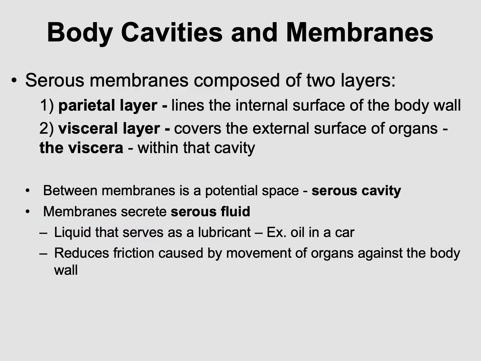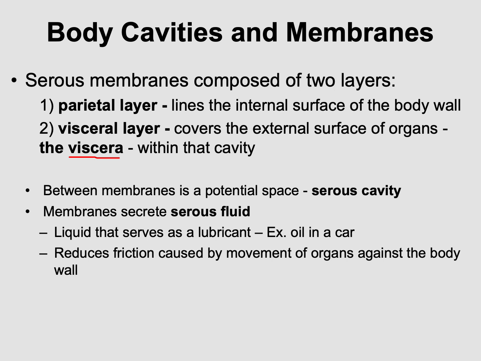So now let's examine these serous membranes, which are composed of two layers, the parietal layer and the visceral layer. When you hear the word visceral, think of the viscera right here. First of all, the parietal layer lines the internal surface of the body walls or the cavity.